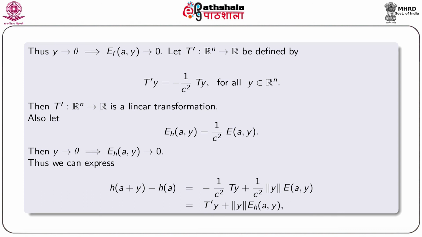Then y approaches the origin implies E h a y tends to 0. Thus, we can express the increment of h, that is h of a plus y minus h a, as minus 1 upon c square t y plus 1 upon c square norm y E a y, that is T dash y plus norm y E h a y, where T dash is a linear transformation and E h a y tends to 0 as y approaches the origin.